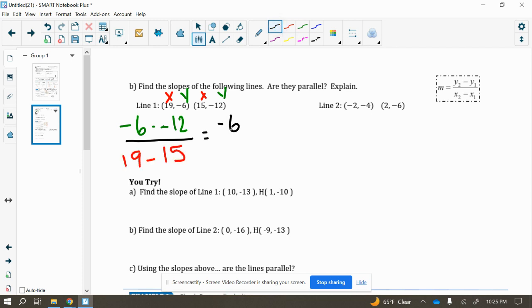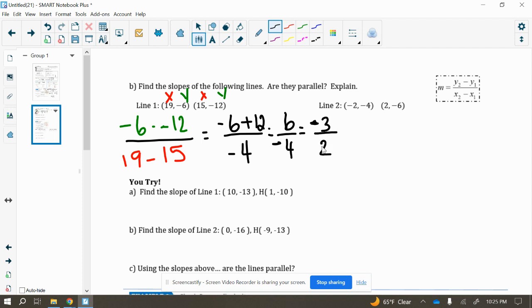So -6 minus -12 is the same thing as saying plus 12. We have -4 here. So when we add them together, and of course always reduce, 6 and 4 are both divisible by 2, and then we have that -4, which could just be written out front.